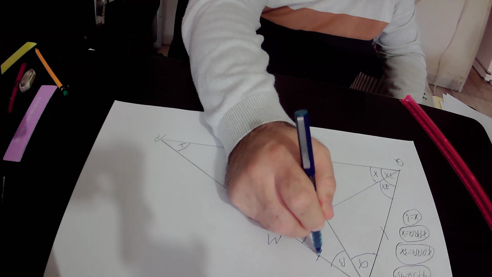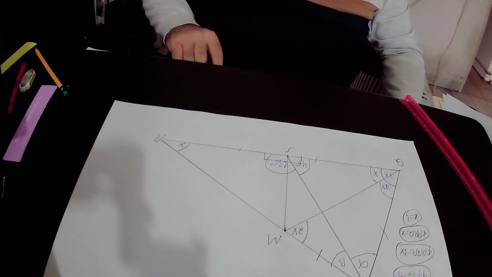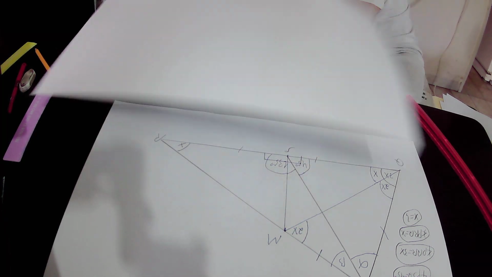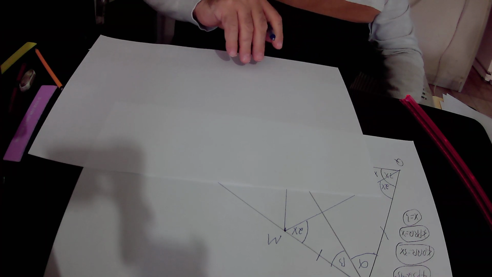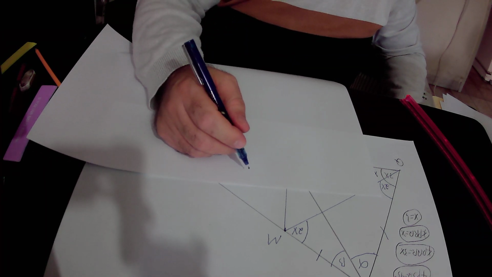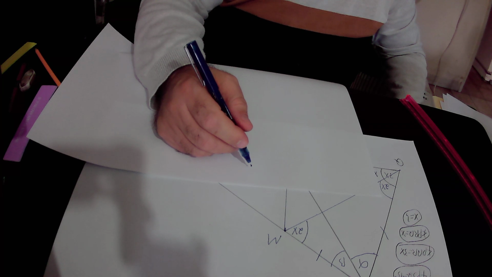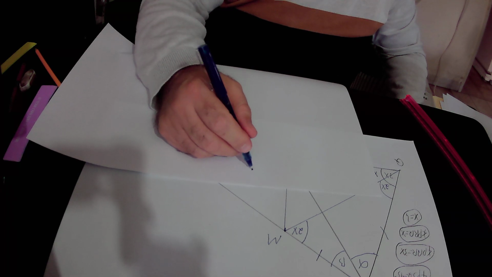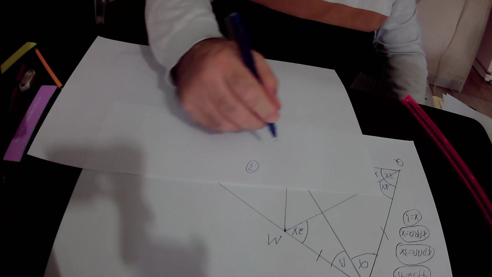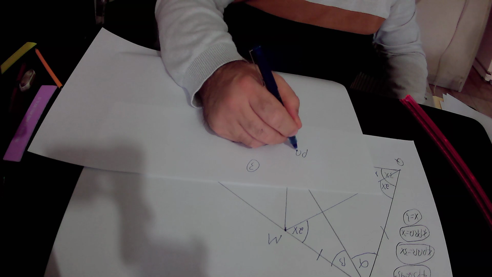So you can write down that PQ equals PM, because in an isosceles triangle, the sides that are in front of the equal angles are also equal to each other. It means that PQ equals QM.